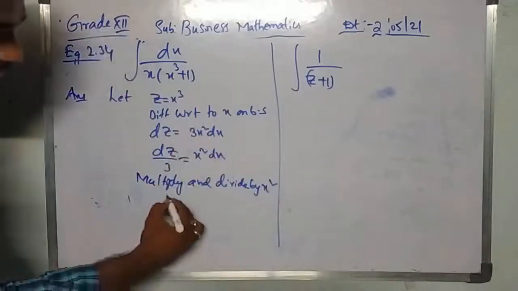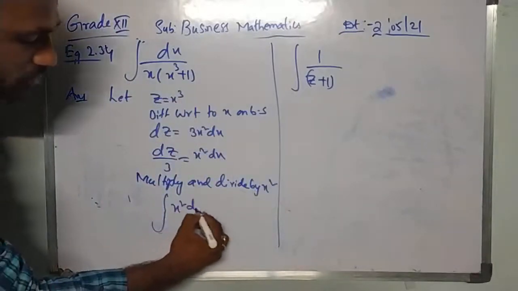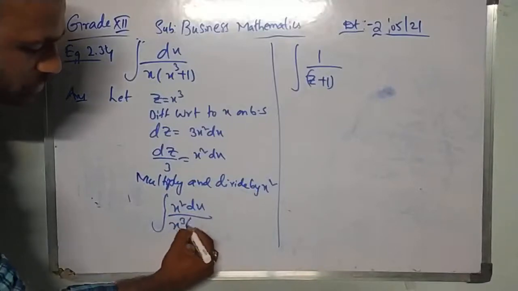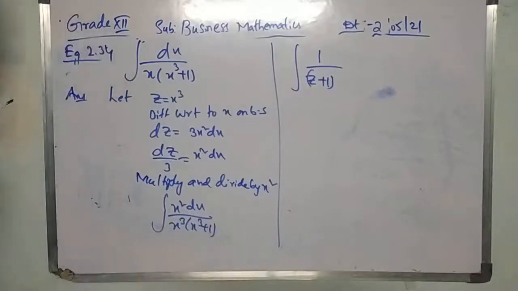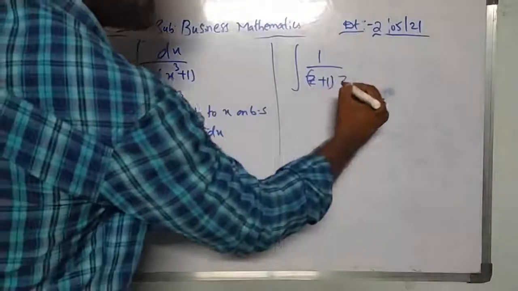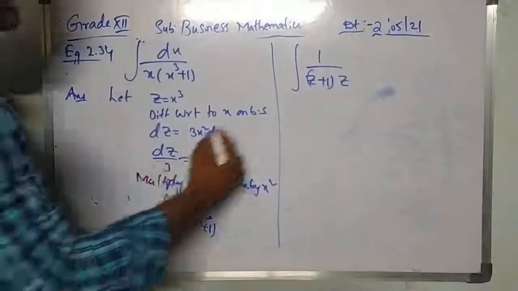So what we are going to get here? Integral x square dx by x cube into x cube plus 1. So here it will become z, x square dx means dz by 3.